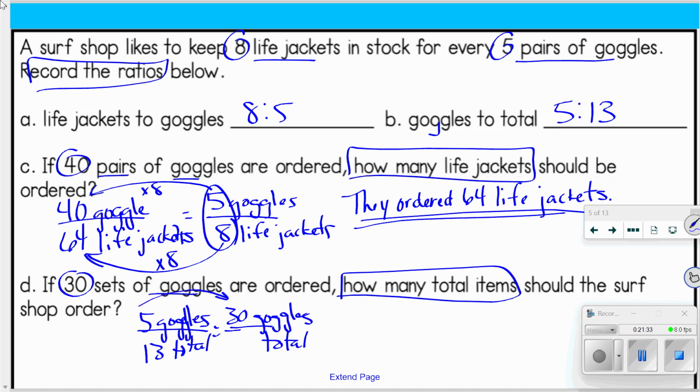How do I go from 5 to 30? Times 6. So I'm going to do 13 times 6, and I would get 78. So they will order a total of 78 items.